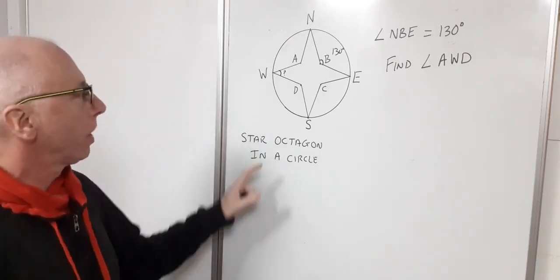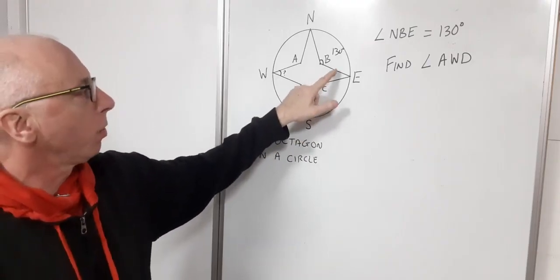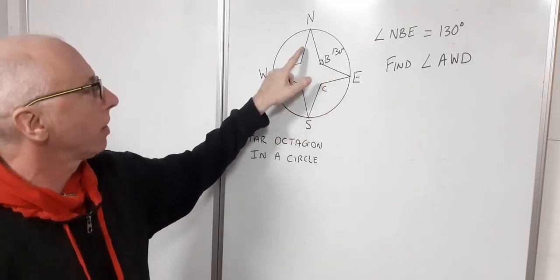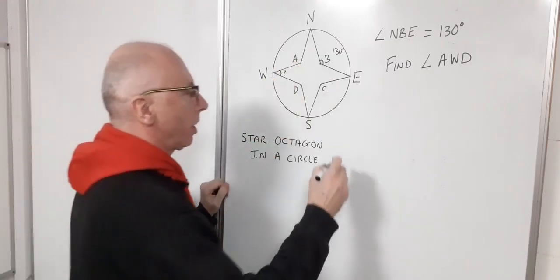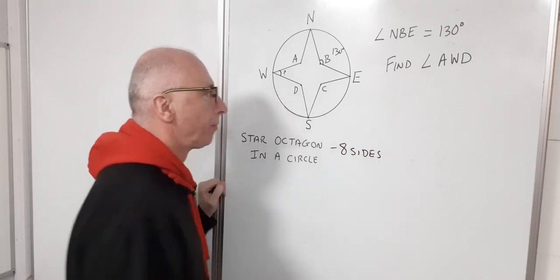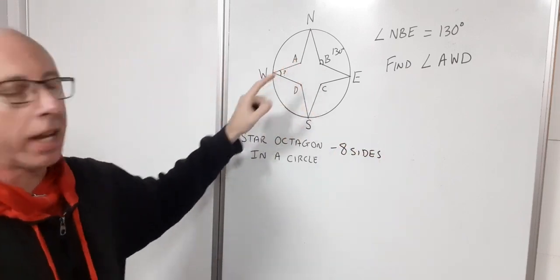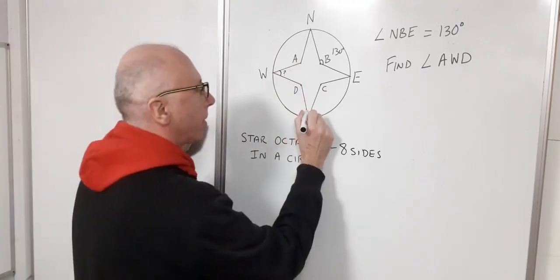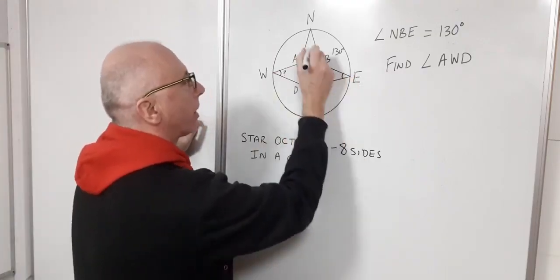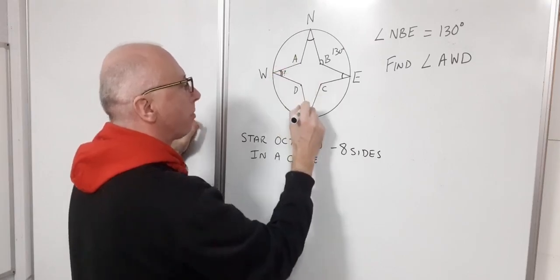So we know the star shape in the middle here is an octagon. So 1, 2, 3, 4, 5, 6, 7, 8 sides. So octagon, 8 sides. Okay, no problem. Now, as this is symmetrical and all these lengths are the same, we know that this angle, this angle, this angle, and this one, they're all the same.